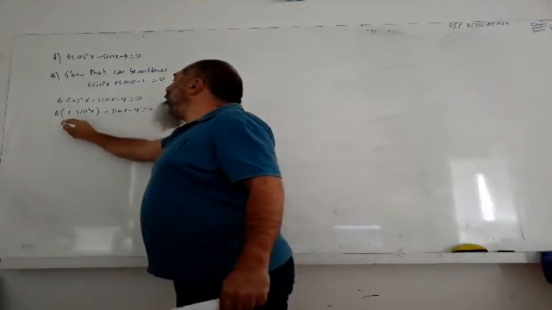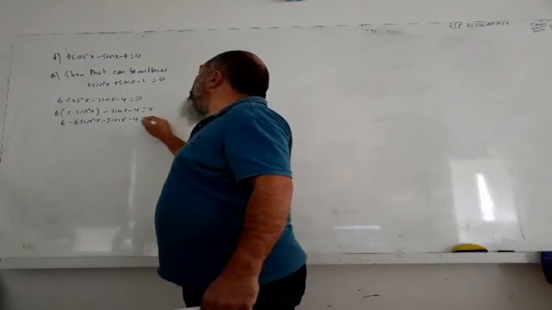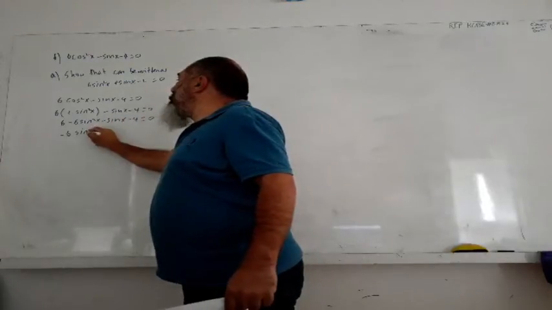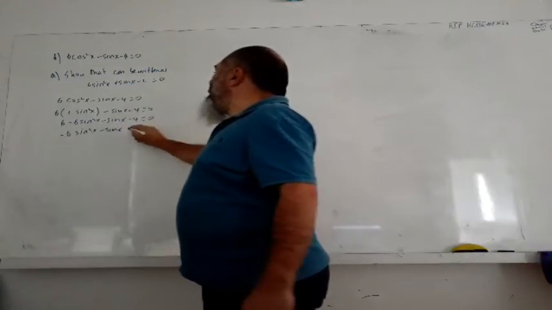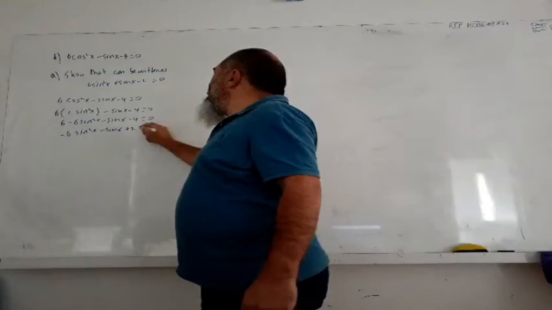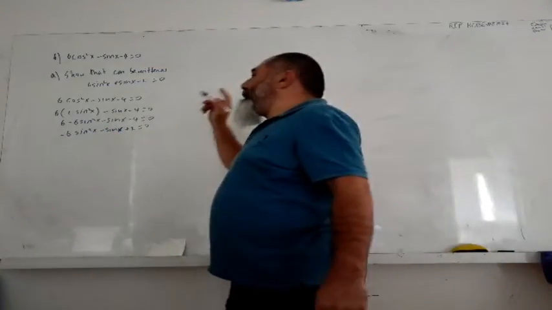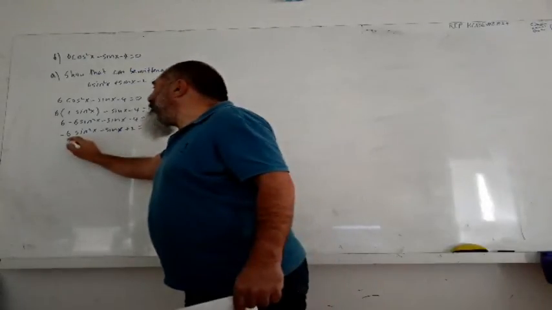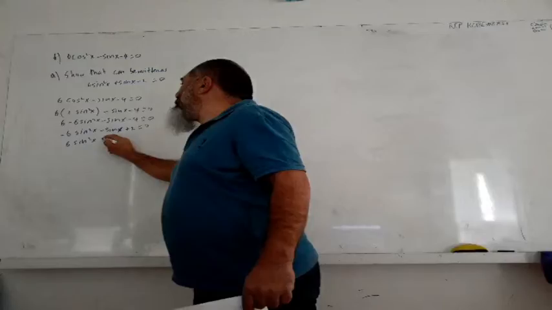Minus 6 sine squared x minus sine x, and 6 minus 4 is plus 2, is equal to 0. Multiply the whole expression by a negative: 6 sine squared x plus sine x minus 2 is equal to 0. And therefore, shown.